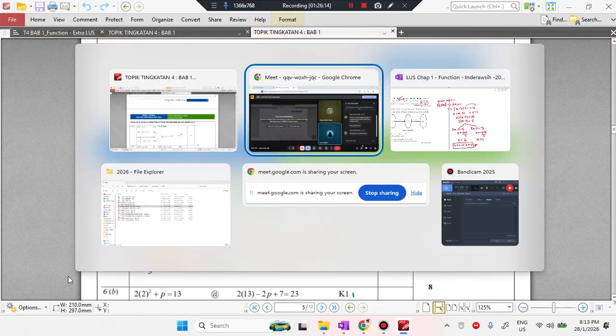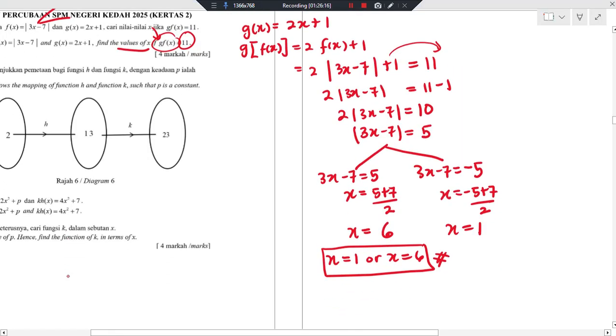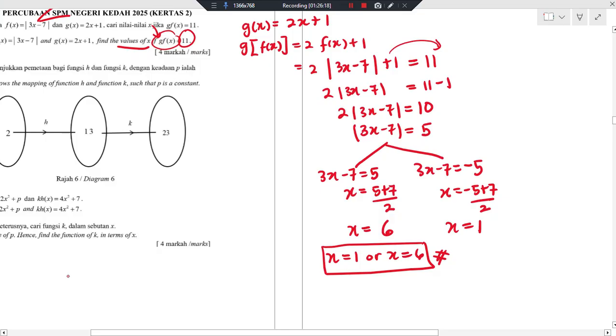Find the value of x if g of f(x). In g you substitute f. That's right. And then we expand with 2 and the value is 3x minus 7. We got 6x minus 14 plus 4. But you still get the same thing when you divide by 2.